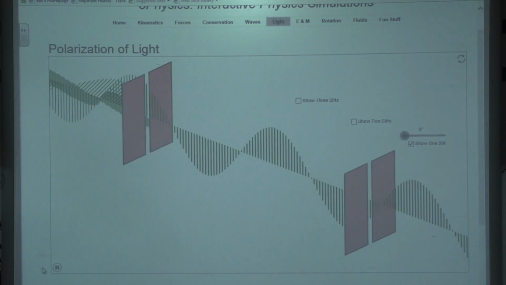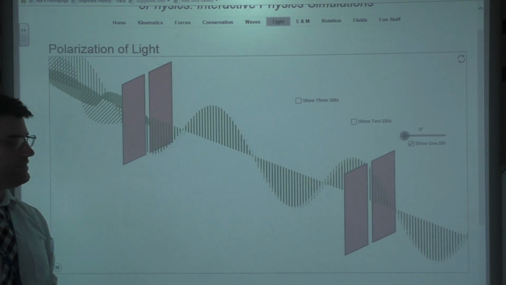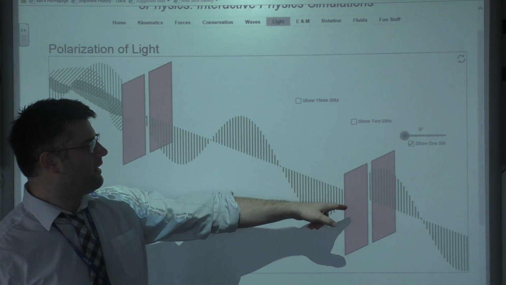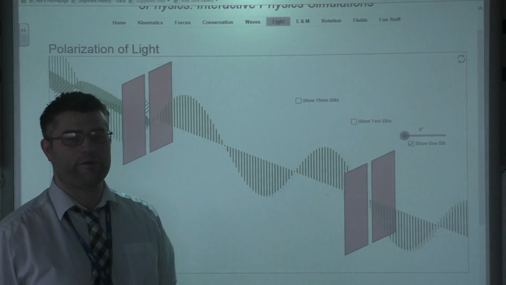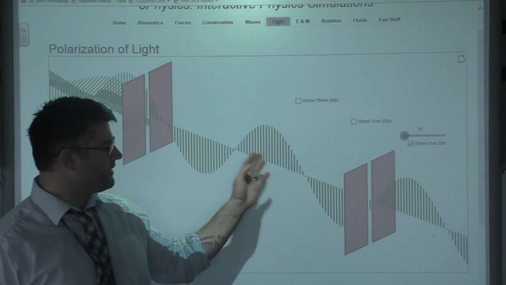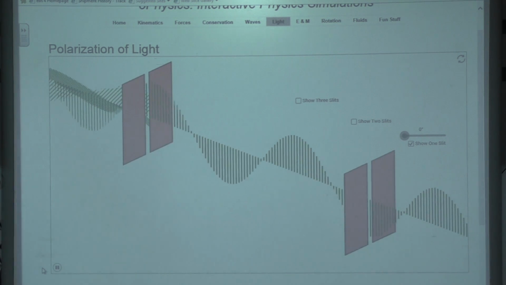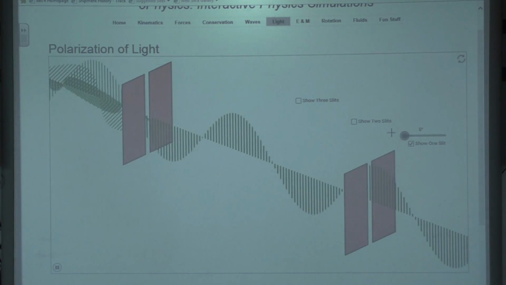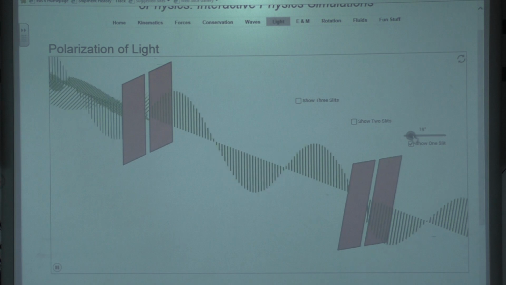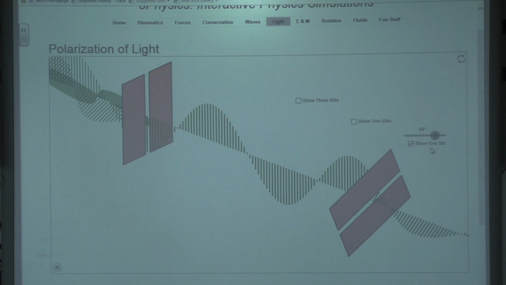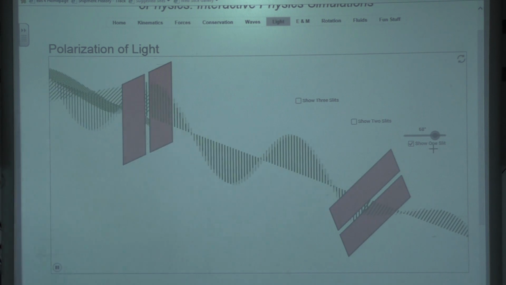Now, interestingly enough, what happens if we put a second filter in here? Well, we've got a second polarizing filter, and it's still in the same orientation. And actually that means that no other light's going to be blocked, until I rotate it, and you'll see what happens. As I rotate it, you'll notice the wave that I get out becomes significantly smaller.